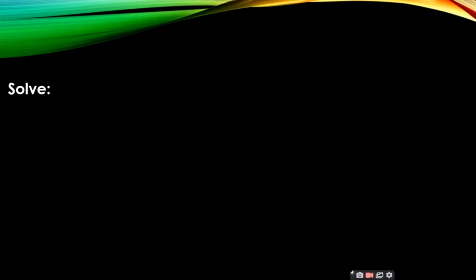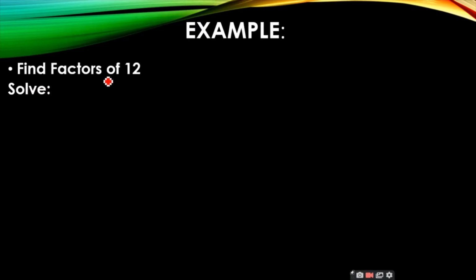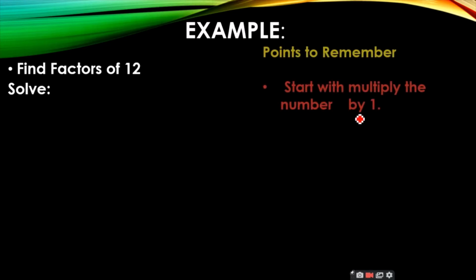Let's start to solve some examples. Find factors of 12. Before finding the factors of 12, there are some important points which we have to remember. Start by multiplying the number by 1.